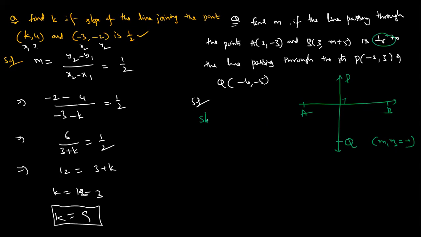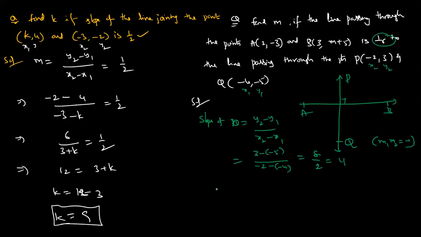First find out the slope of PQ, anyone? y2 minus y1 by x2 minus x1. Suppose this is x2 y2 and this is x1 y1. So 3 minus of minus 5 by, how much is coming? 8 by 2.